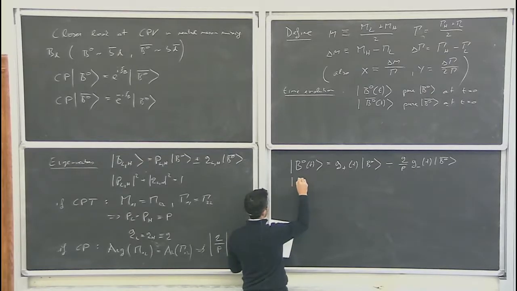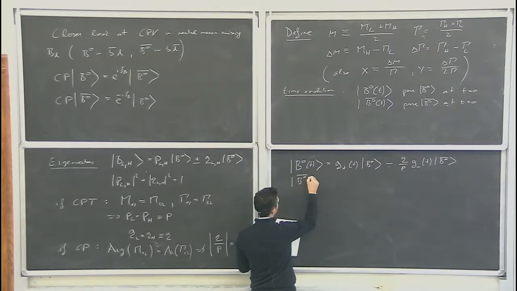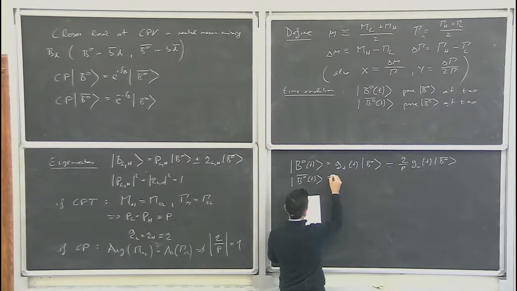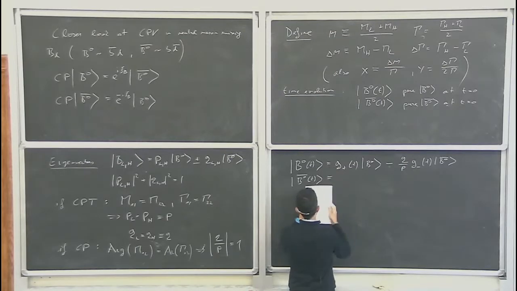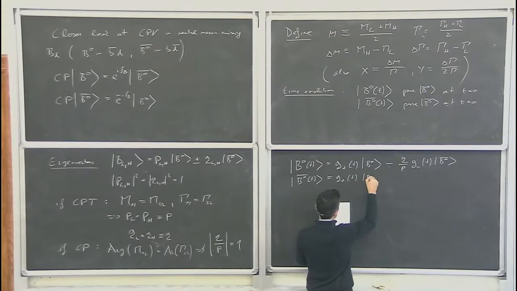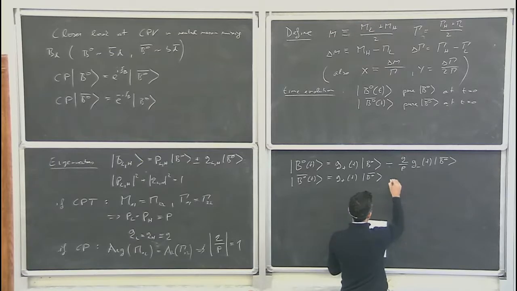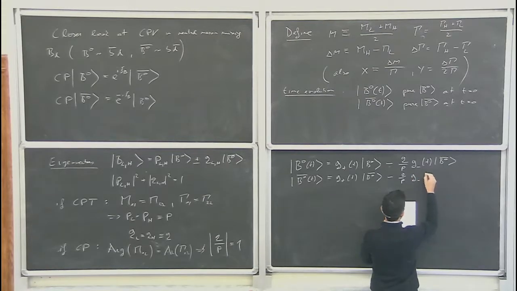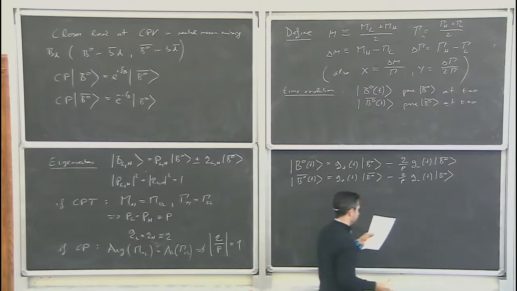And similarly, the state B naught bar of t can be written as g plus of t times B naught bar, minus q over p times g minus of t times B naught.